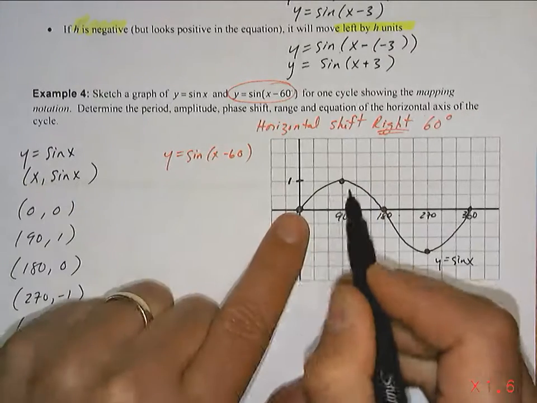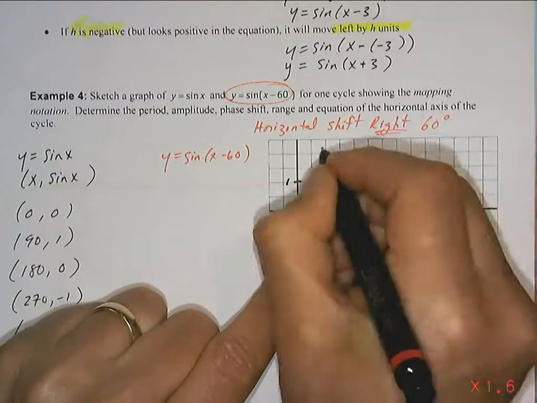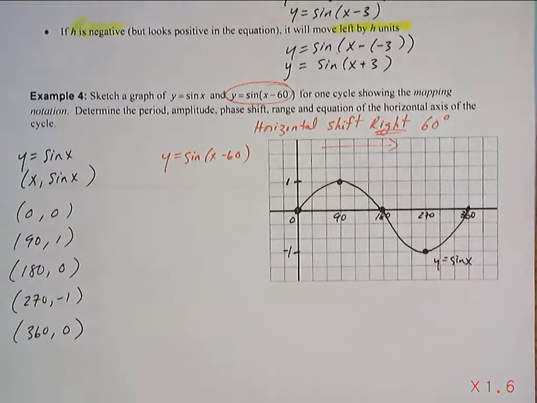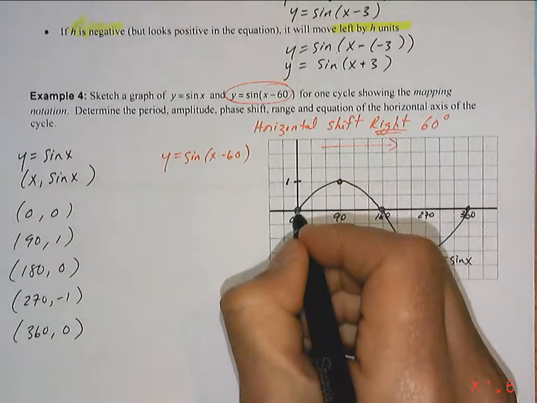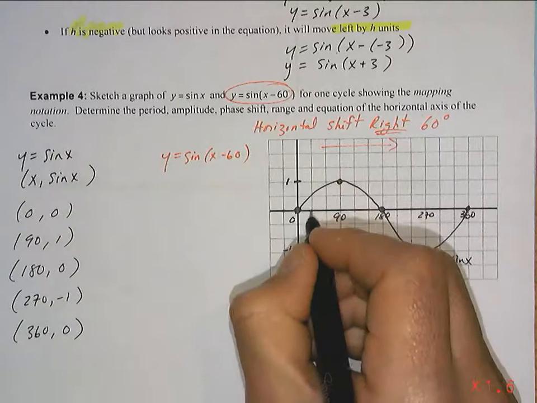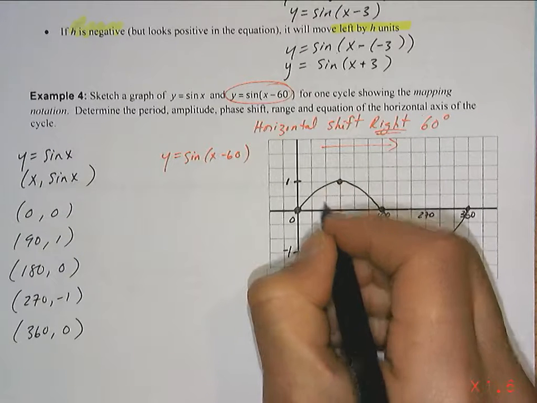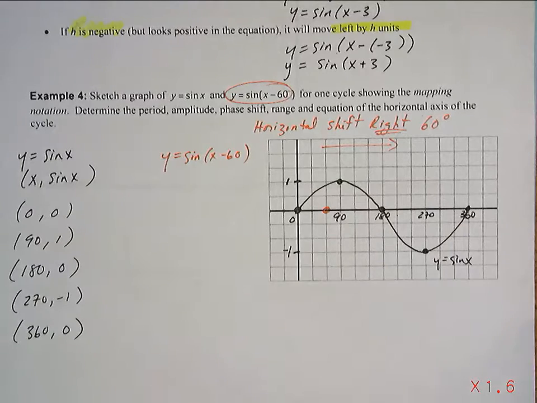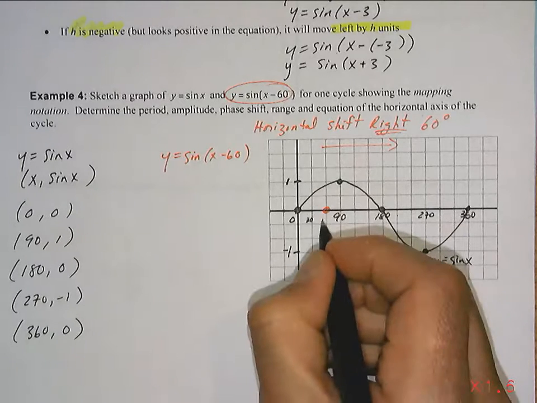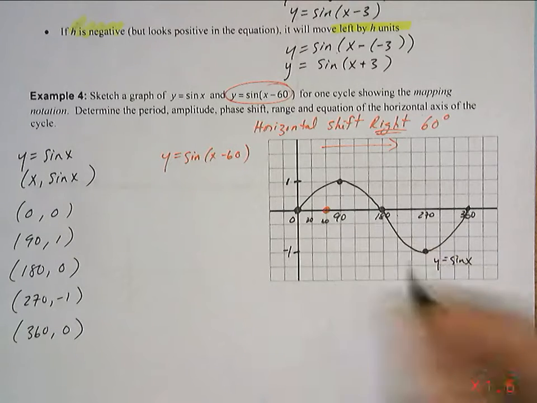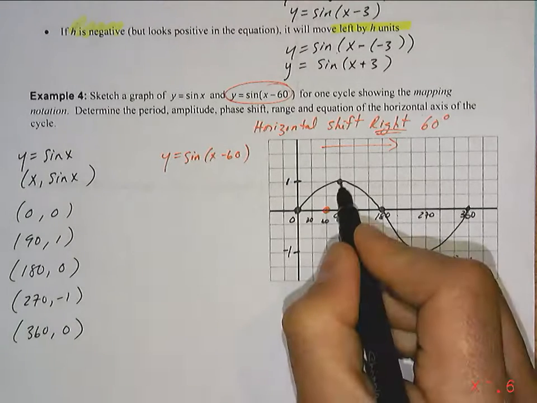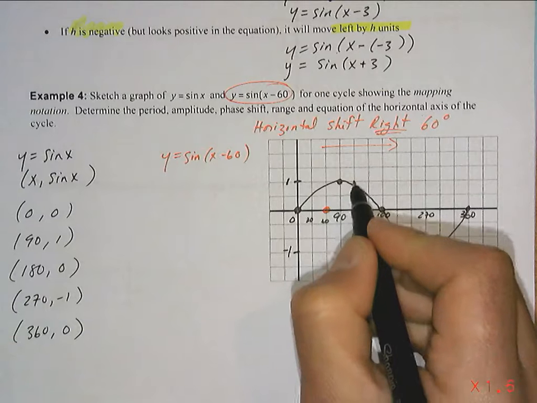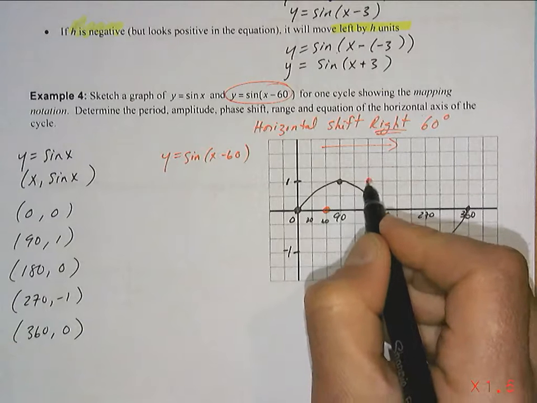So this curve has to move to the right 60 degrees. That means at this point we'll move to the right 60 degrees. Each one of these is 30 degrees, so that's 30 degrees, 60 degrees, 90 degrees. This one's got to move 60 degrees, well, that's going to be 30, 60. So it's going to be moved over there.